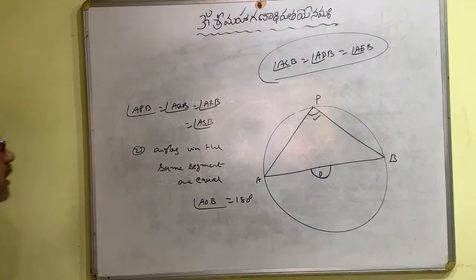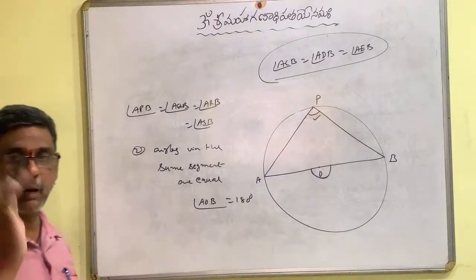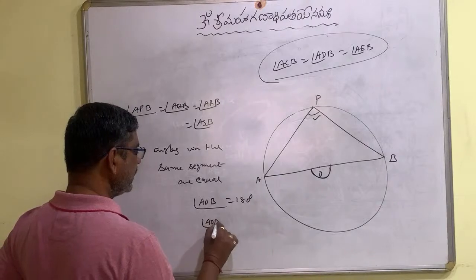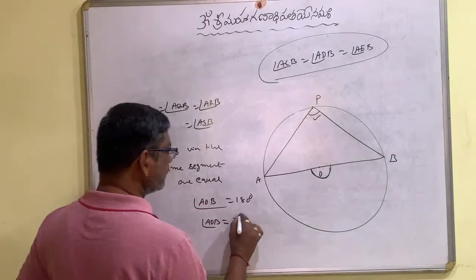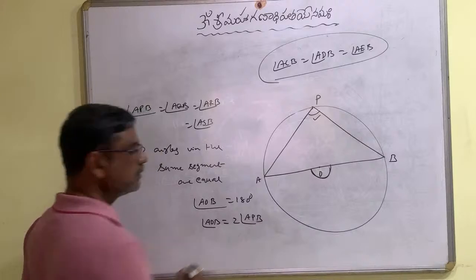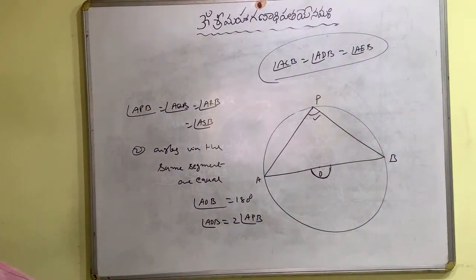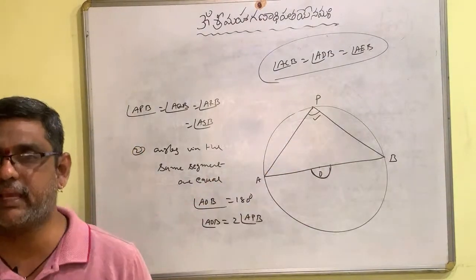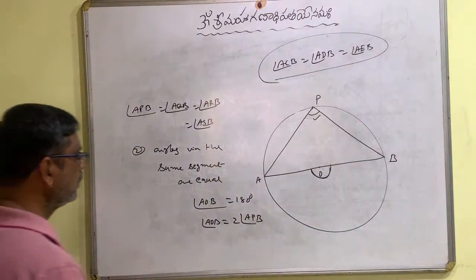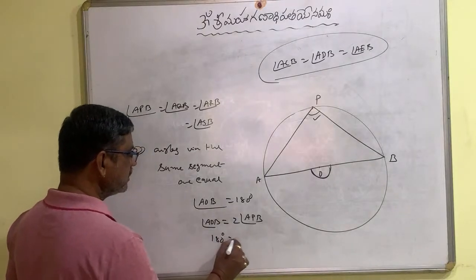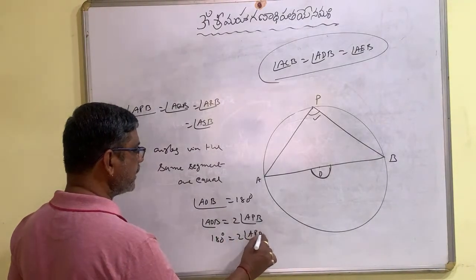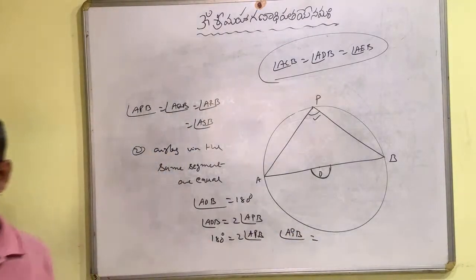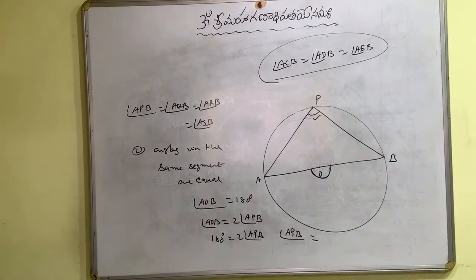Now, according to the first property, the central angle is double the inscribed angle. So 180 degrees is equal to 2 into angle APB. Then what is the measure of angle APB, children?